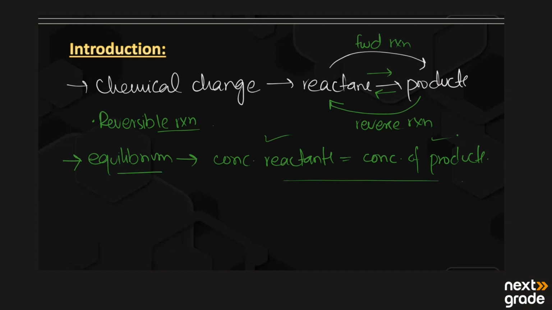A reaction where there is a dynamic equilibrium and the reaction is reversible is known as a reversible dynamic chemical reaction.